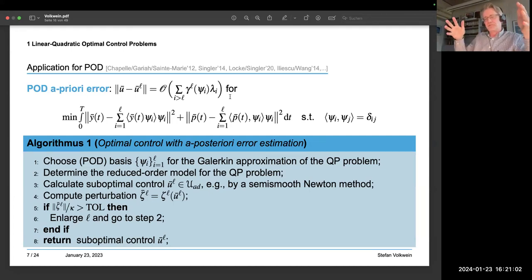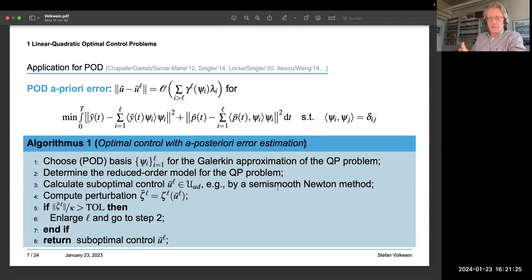Then we reduce the state equations, and also plug it into the cost functional and get a reduced order scheme. Then we solve this, and because we have control constraints, we need something like a semi-smooth Newton method, some kind of primal dual active set strategy, to take care of the constraints. Then we get a solution.